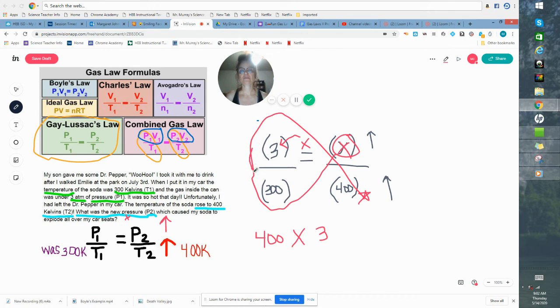And if I retrace my fish here, the next number I get to is 300. The next order of operation is divide. Okay, divide by 300. Retrace your fish, and that's where you're going to hit equal.